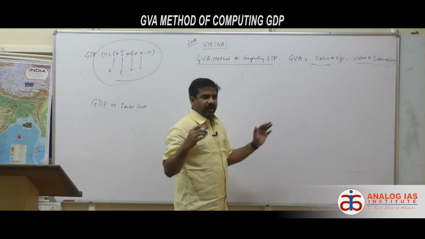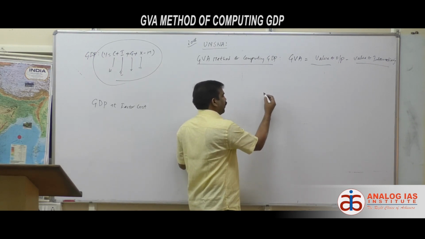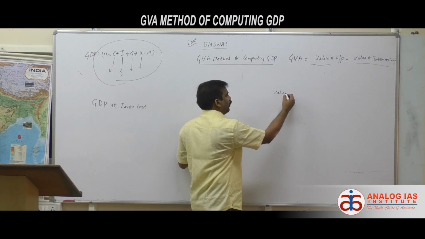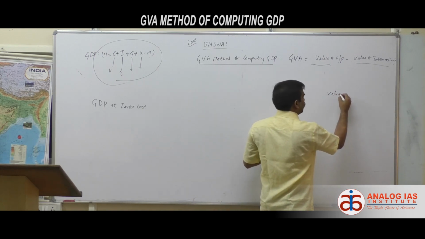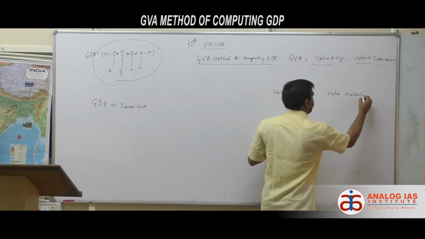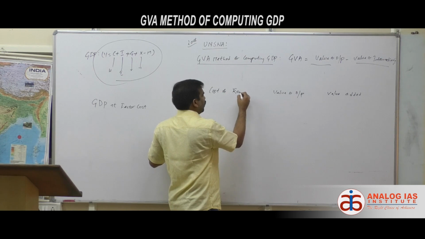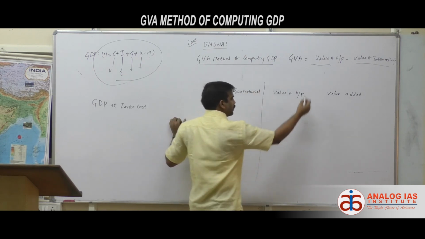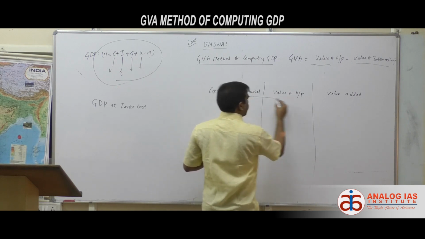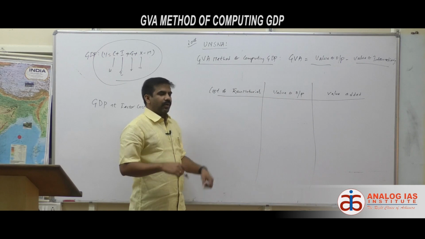Just imagine, my dear friends, I'll give an example. I'll take the value of output, value added, and the cost of raw materials. I'm just letting you understand the basic difference between value added and the value of output.